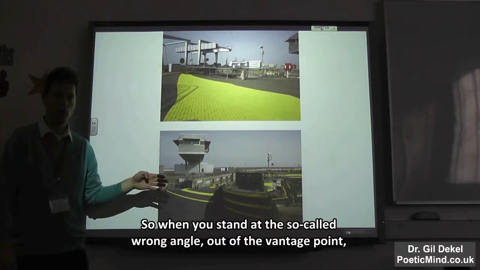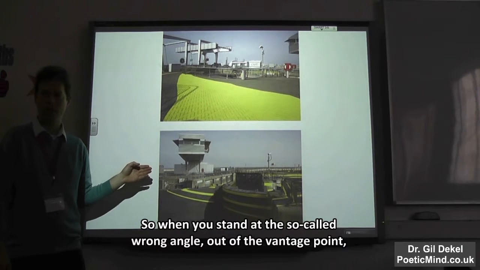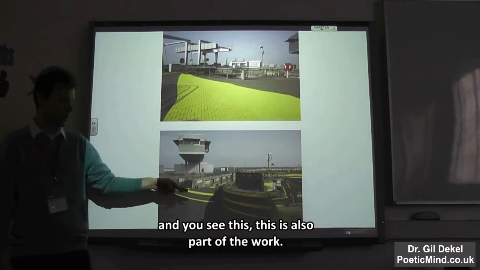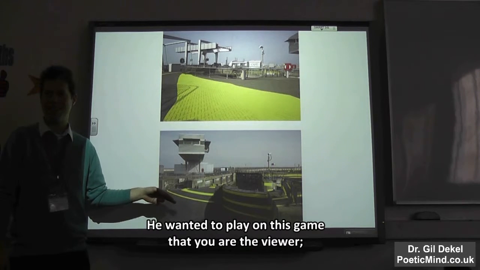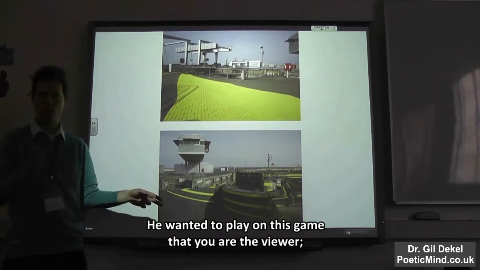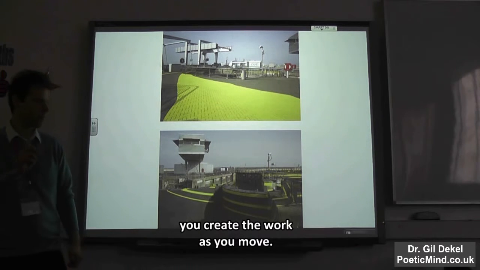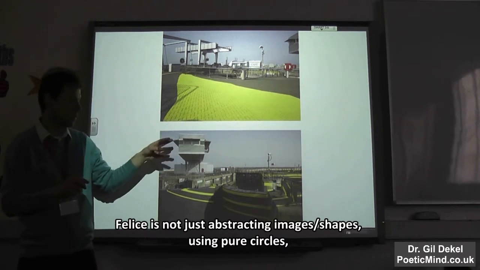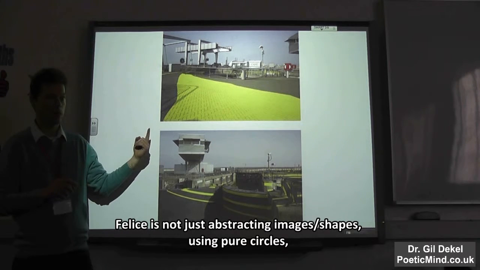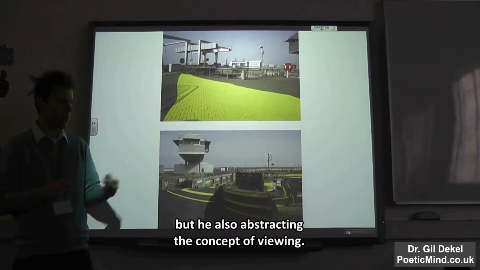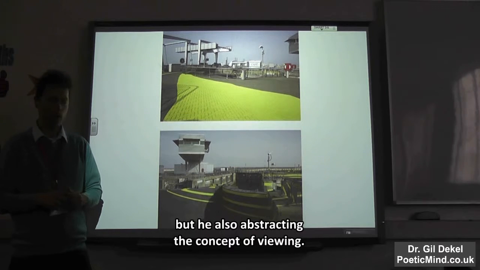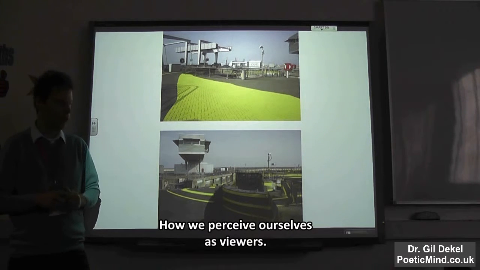So when you stand on the so-called wrong angle, out of the vantage point, you see this is also part of the work. He wanted to play on this game that you are the viewer, you create the work as you move. So he, not just abstracting images, shape, uses circle, but he also abstracted the concept of viewing, how we perceive ourselves as viewers.